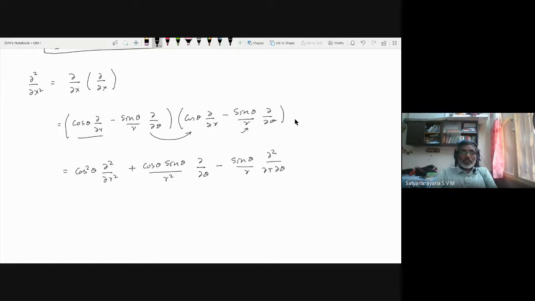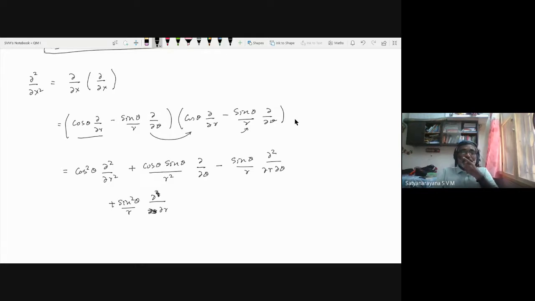Okay, first thing is this cos θ will become minus sin θ. That will be sin²θ by r into ∂²/∂θ∂r. Sorry, this is simply ∂/∂r.